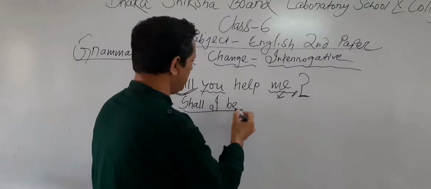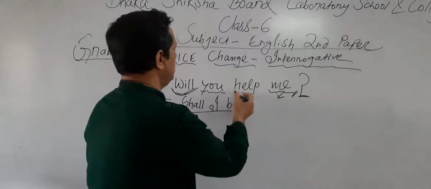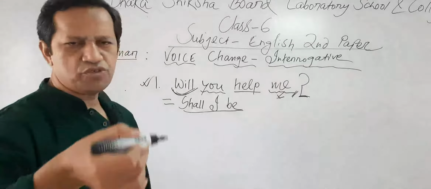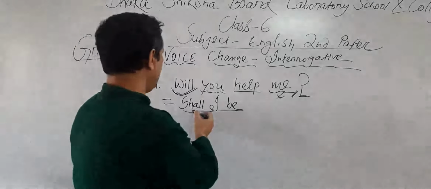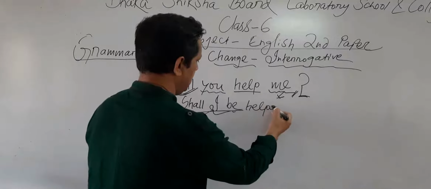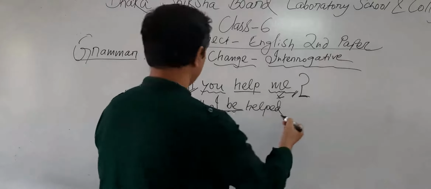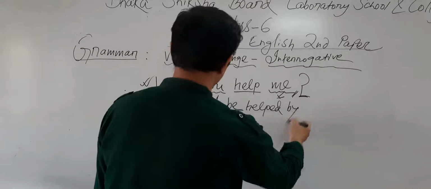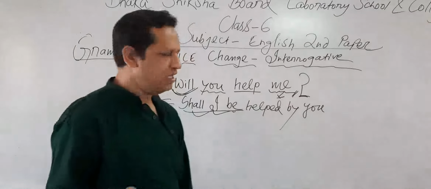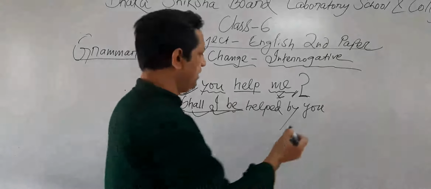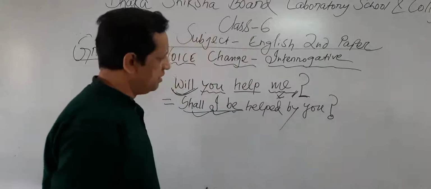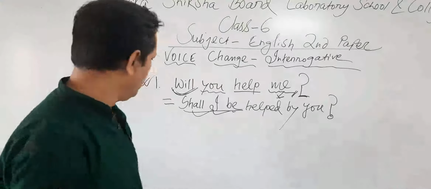Shall I be? Main verb help will turn into helped. Shall I be helped? Preposition by, and object will be you, and you have to put an interrogation sign.